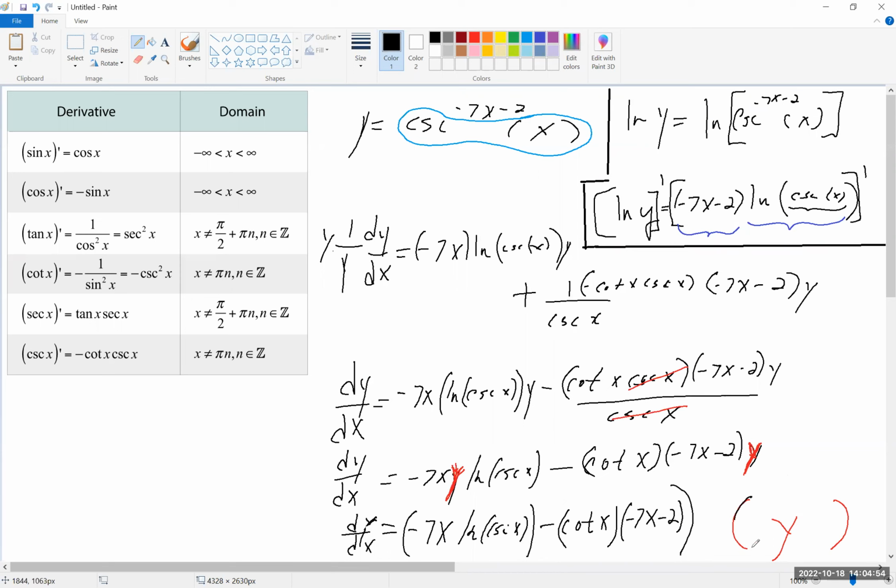The reason I left it like this is because I want to remember that this is my y. So I am going to take my ability to copy this and ultimately paste it, because I'm going to drop it.